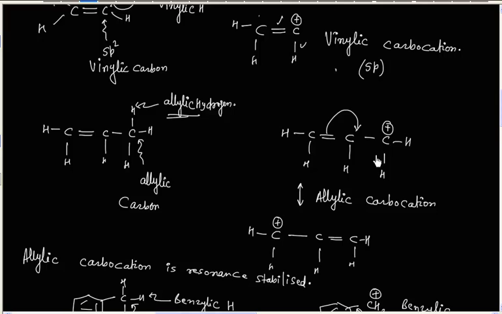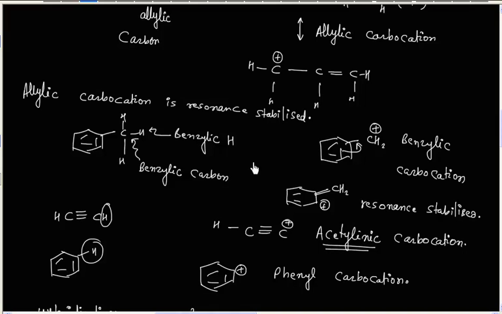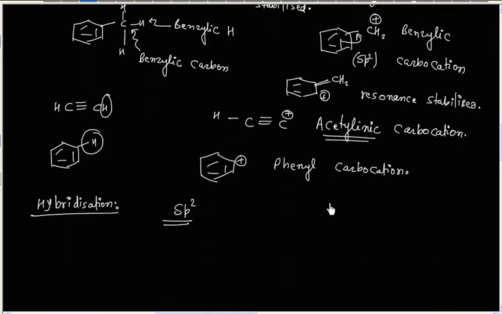Now this carbocation is again sp2 hybridized because it has 3 groups. Now benzylic carbocation also has 3 groups, so this is sp2 hybridized. Now phenyl carbocation is also sp2 hybridized.